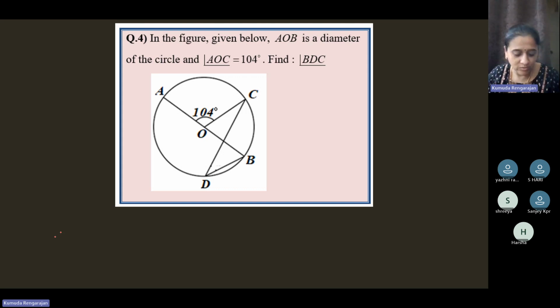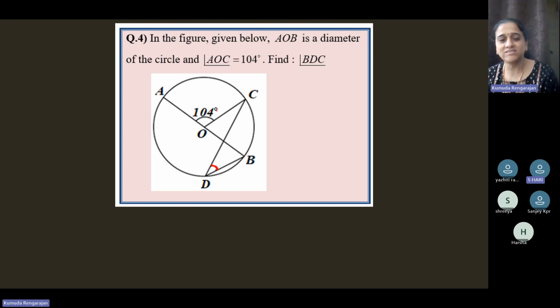We'll wind up with this one. BDC is equal to... BDC, you need to find BDC. Is it 76? 52? 54 degrees? The online children are trying to answer.